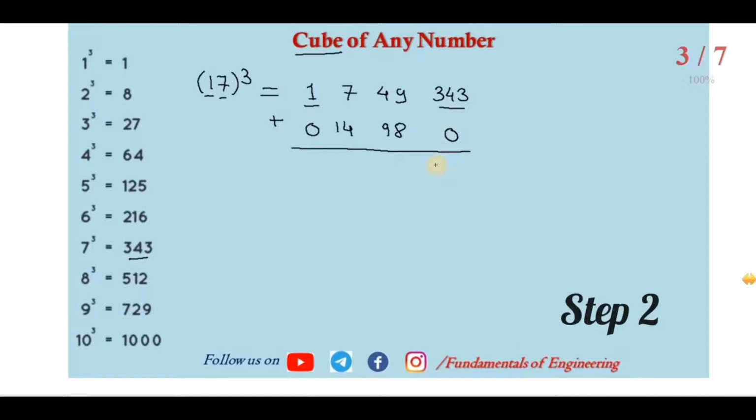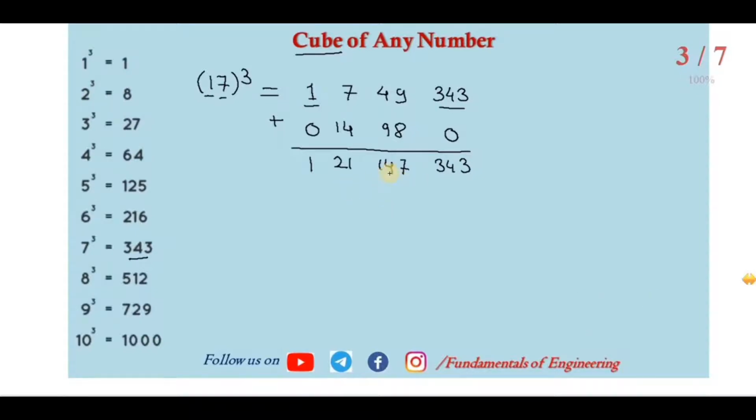So 343 plus 0, we get 343. 49 plus 98, what do we get? 98 plus 49: 9 plus 4 is 13, carry 1, 14, and 14 plus 7 is 21, and 1 plus 0 is 1. So here we complete the second step.